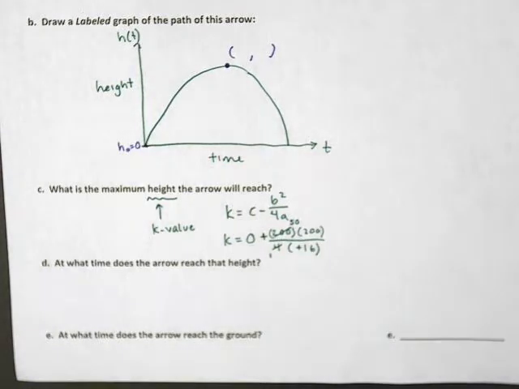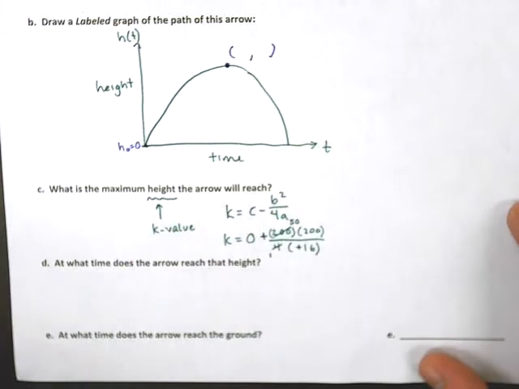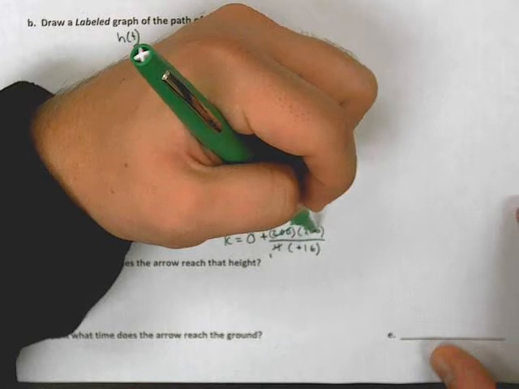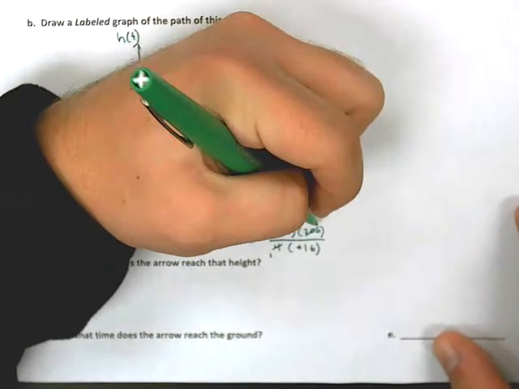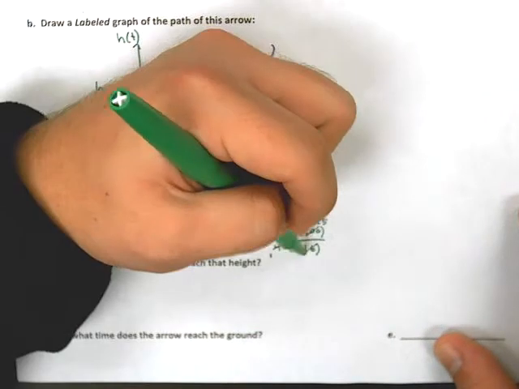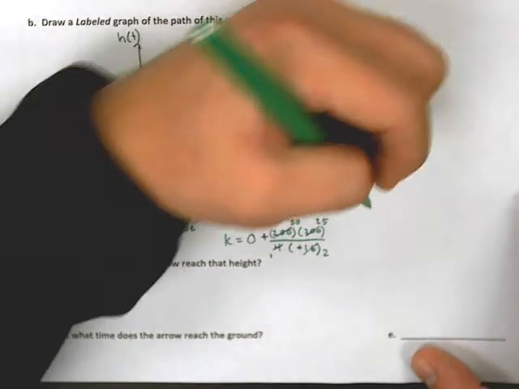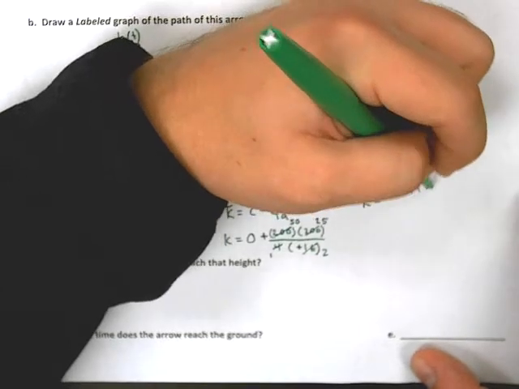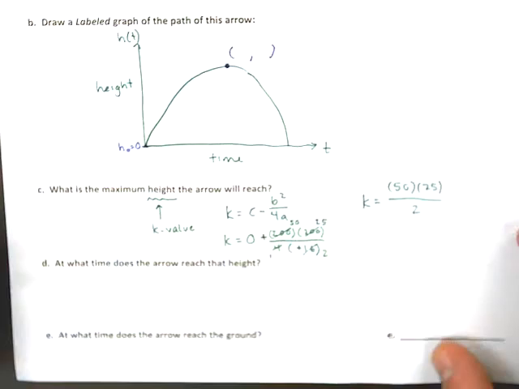What else can we do? Let's see, 200 and 16. What do we want to take out? Maybe an 8? Let's try that. If I take an 8 out of 200, I'm left with 25. If I take 8 out of 16, I'm left with a 2. Alright, let's clean this up so I can stay organized. I have a 50 and a 25 still, and then I just have a 2 in the denominator. I'm going to do one more calculation.